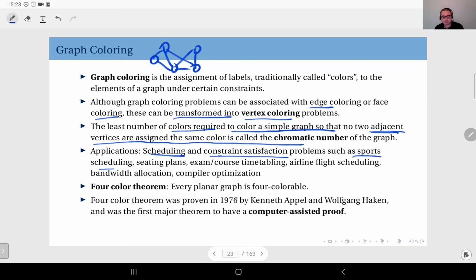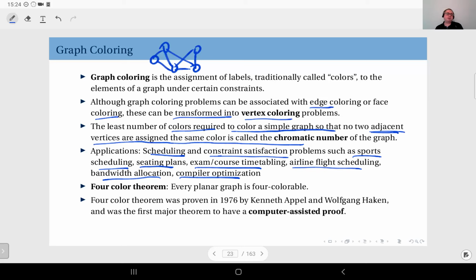For instance, sports scheduling, like maintaining a schedule of matches so that there are no conflicts of teams or sports people, or seating plans in an area, and exam or course timetabling in a school like a university, or airline flight scheduling so that no two planes overlap, etc. And bandwidth allocation in communications, or in computation theory, compiler optimization is also an application of the graph coloring problem.